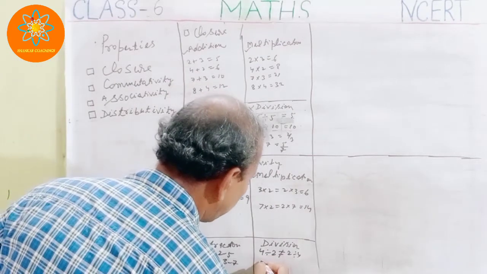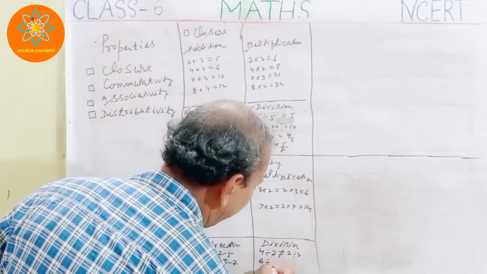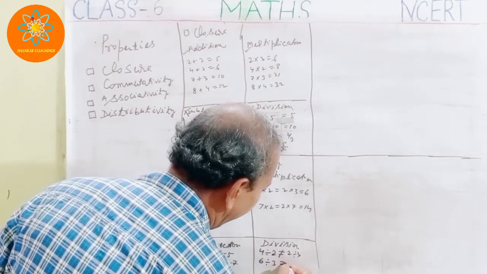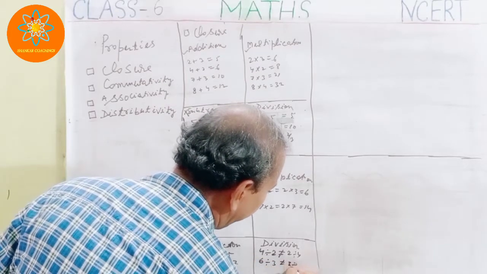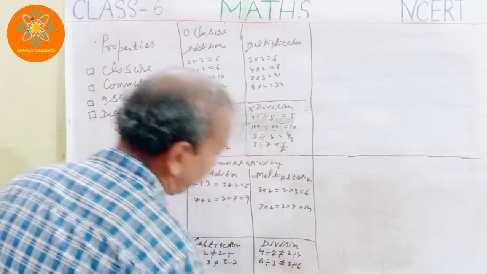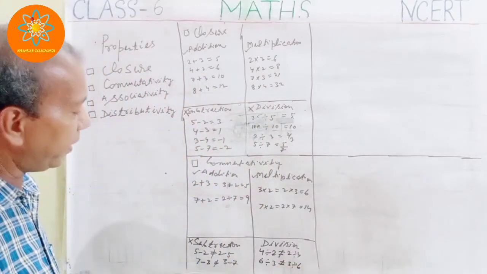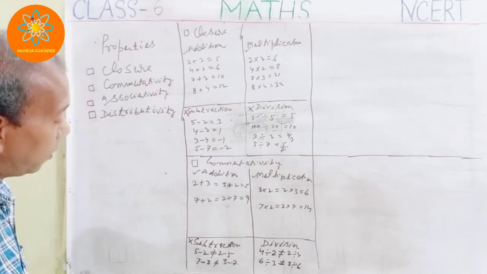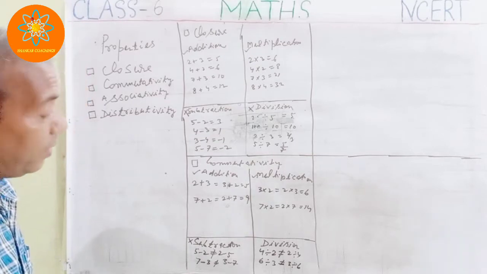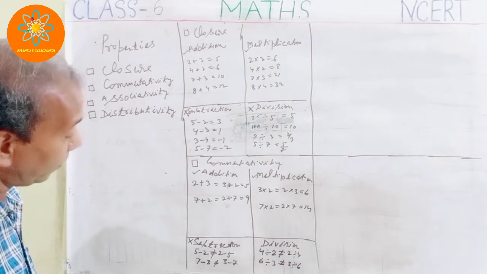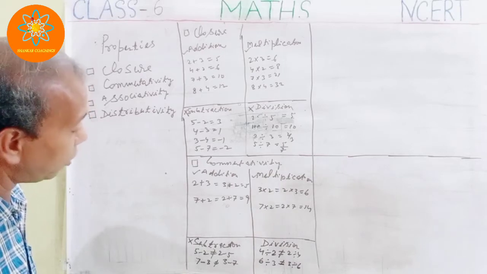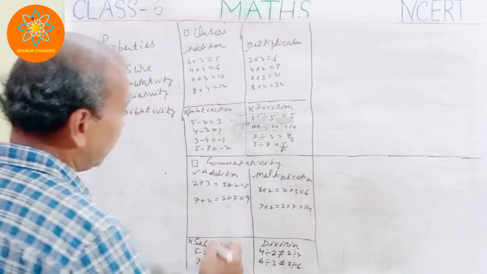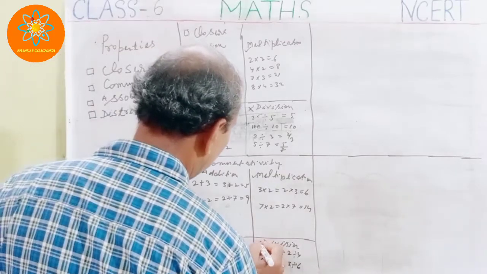Let's suppose 6 divided by 3 and then 3 divided by 6. 6 divided by 3 is 2, that is a whole number, while 3 divided by 6 is half, that is not a whole number, it is a rational number. So for division, the commutative property is not true.